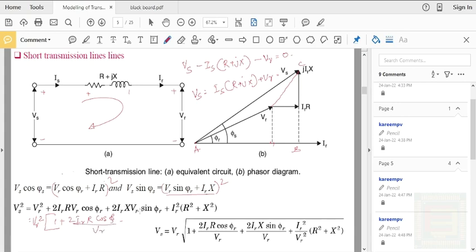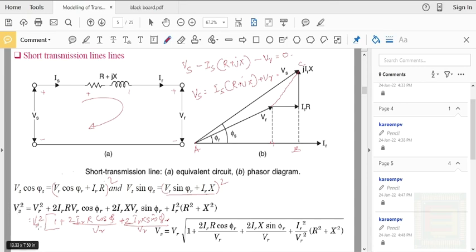And similarly, here you have taken the VR outside, so you have plus 2 IR X sin phi R by VR, and here IR square into R square plus X square by VR square, and we are taking the square root.